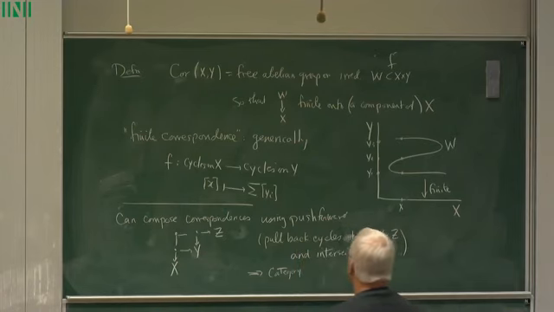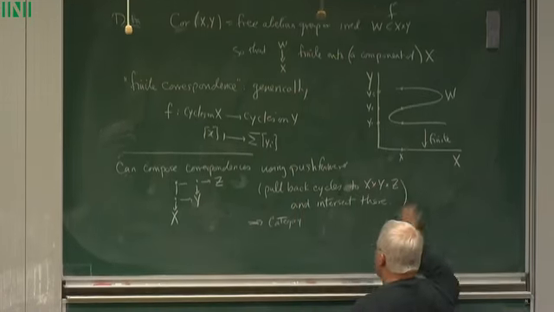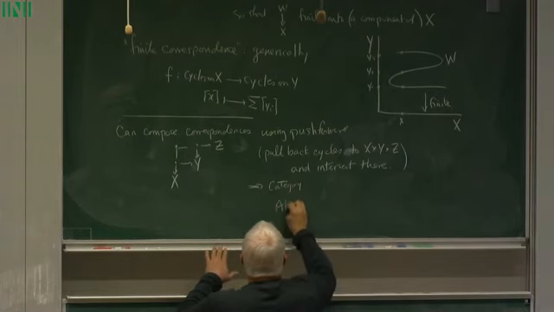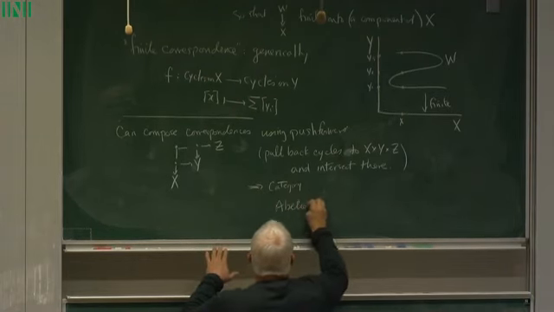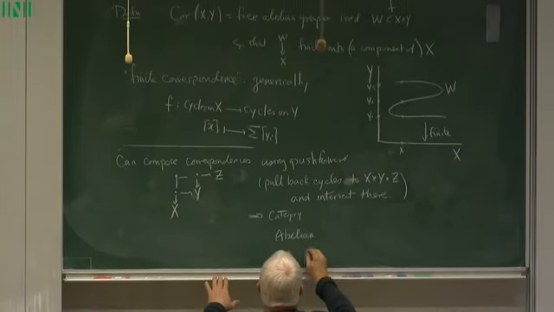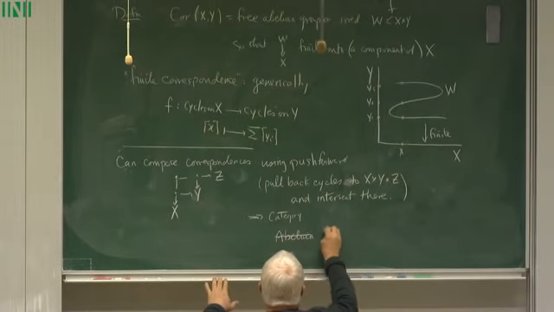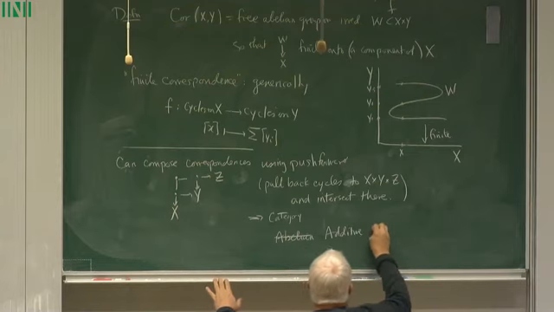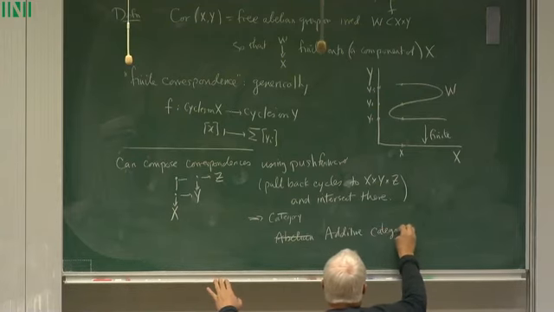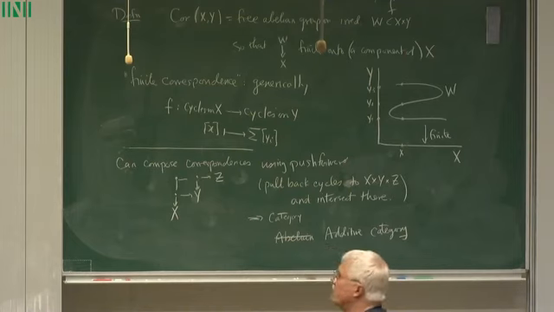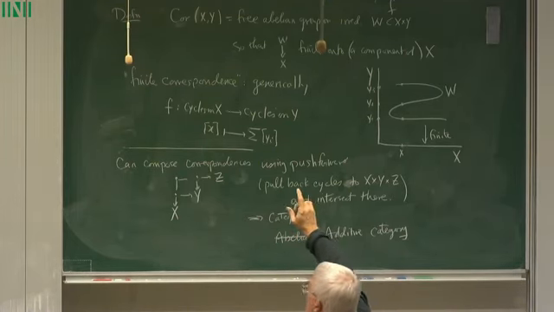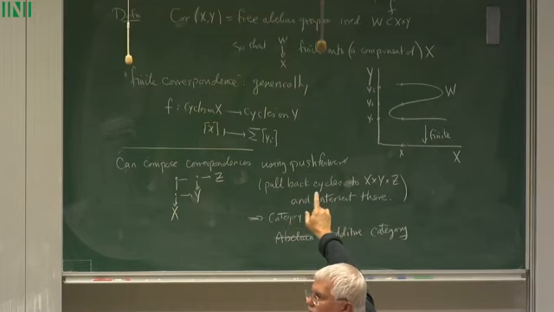Now the advantage of this particular category is that it is an additive category. Because what I've decided is that the morphisms are free abelian groups.